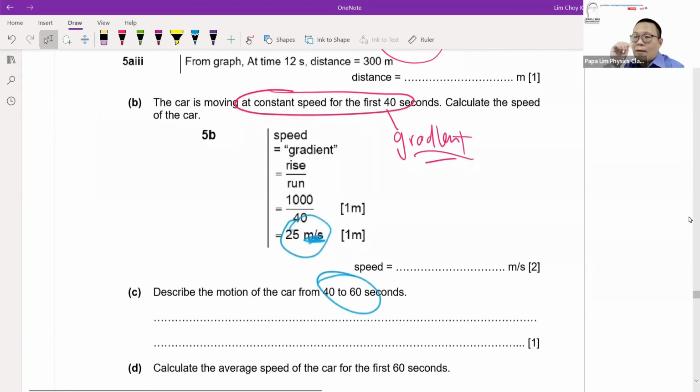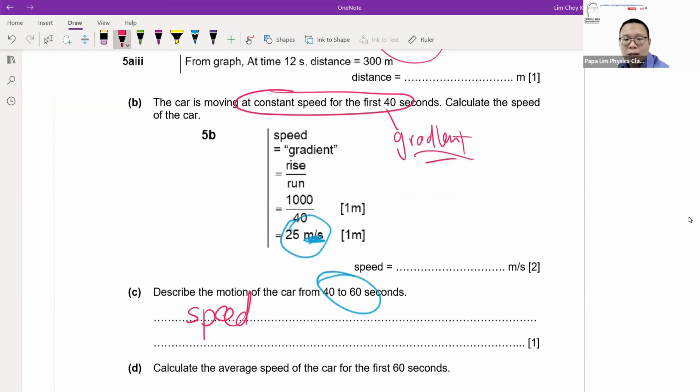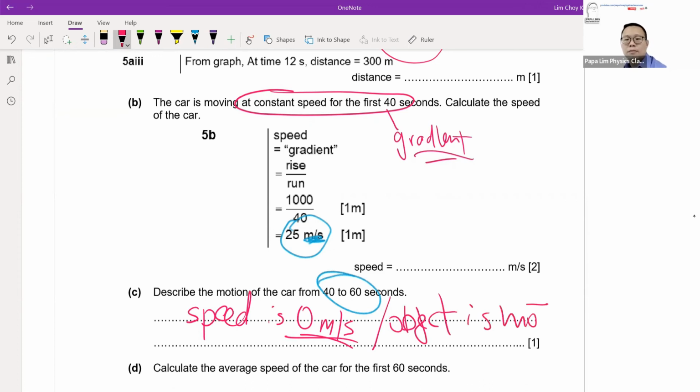If it's a velocity time graph, you need to talk about the acceleration. So all I need the student to write is that the speed at 40 to 60 seconds is 0 meters per second, or stationary, or sometimes we say the object is not moving.